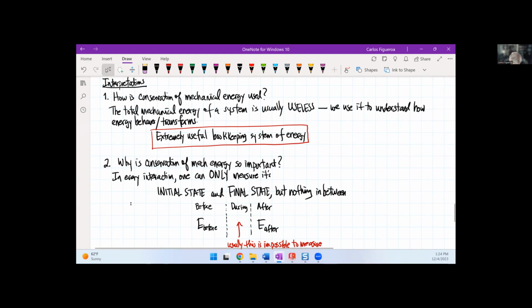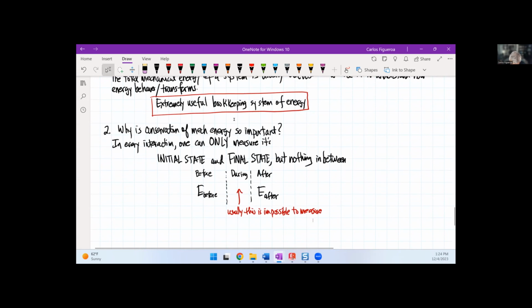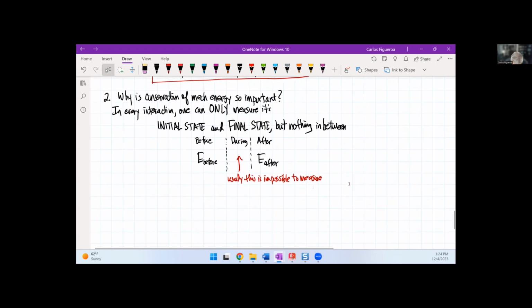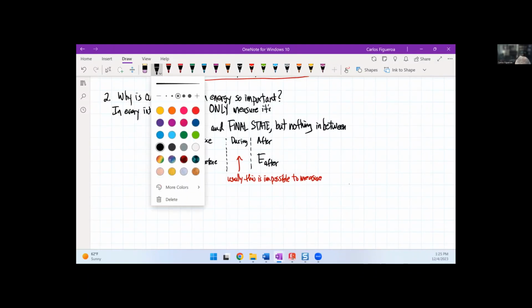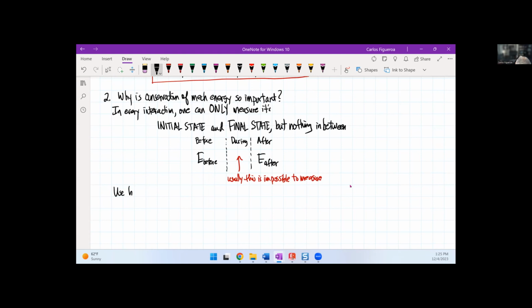And so here's where this tracking system comes in. If we can only talk about before and afterwards, then we use bar diagrams to track energy transformations.